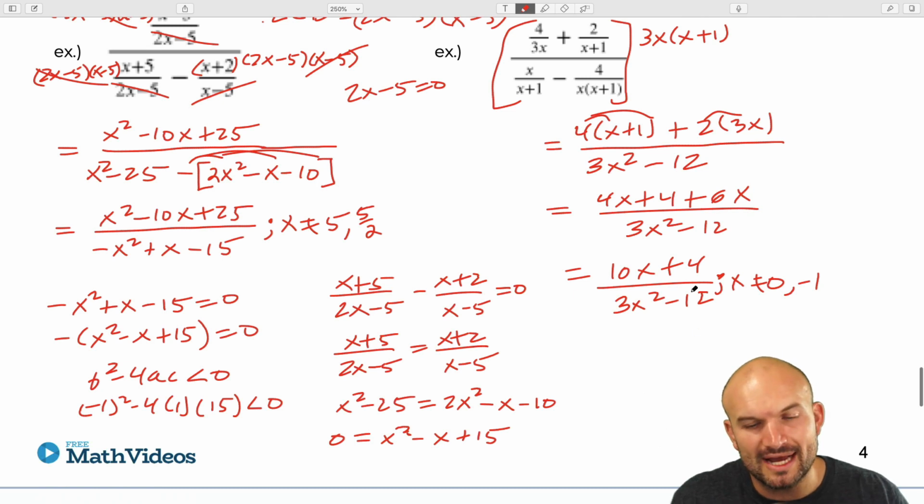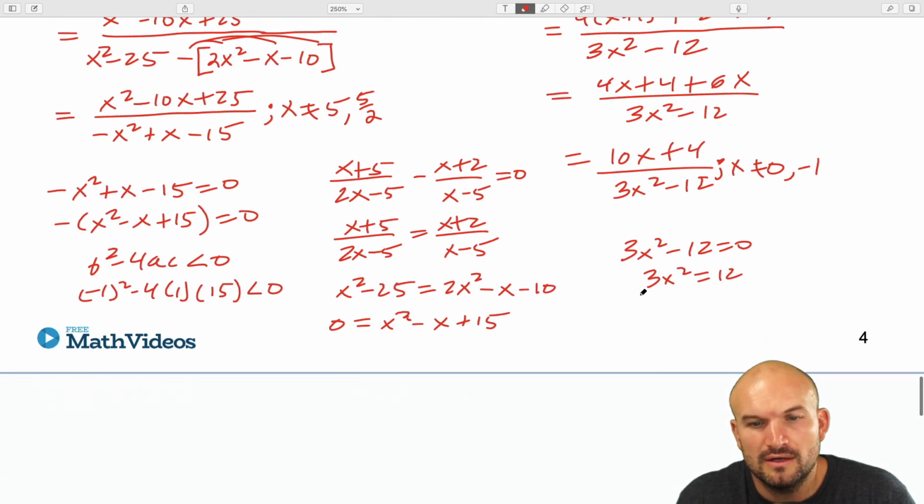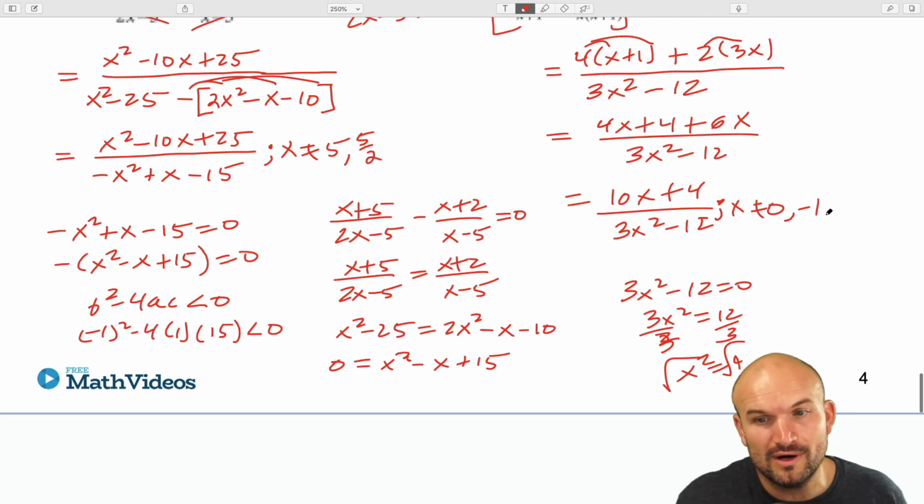So rather than setting this whole denominator equal to 0, I can just solve here. That's 3x squared equals 12, divide by 3, x squared equals 4, square root, x equals plus or minus 2. So not only can x not equal 0 or negative 1, x cannot equal plus or minus 2.